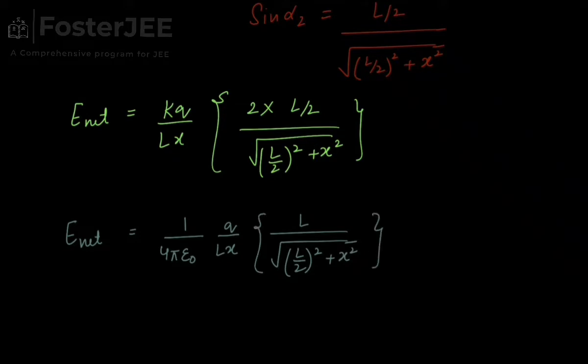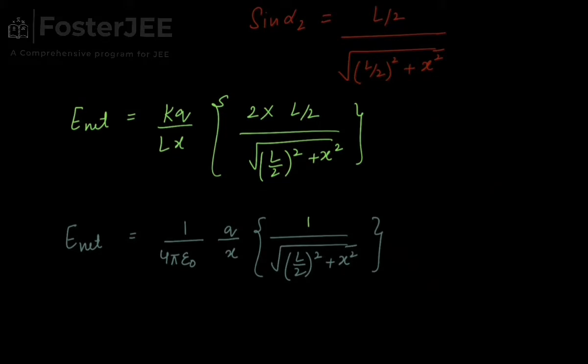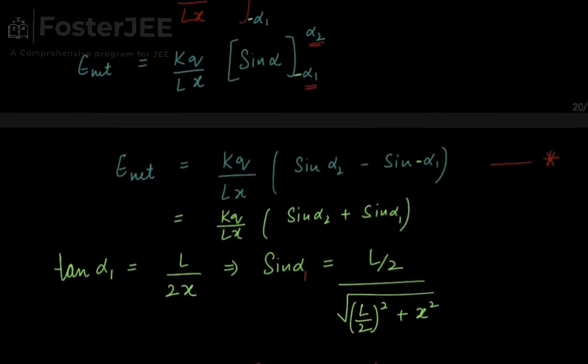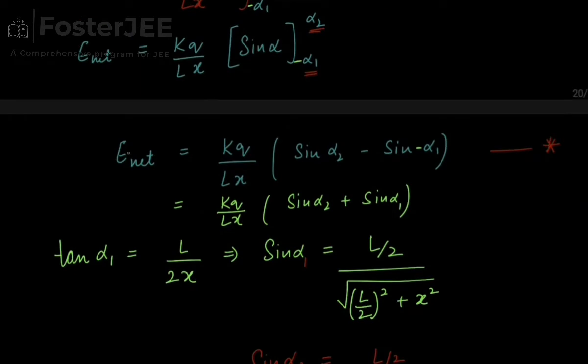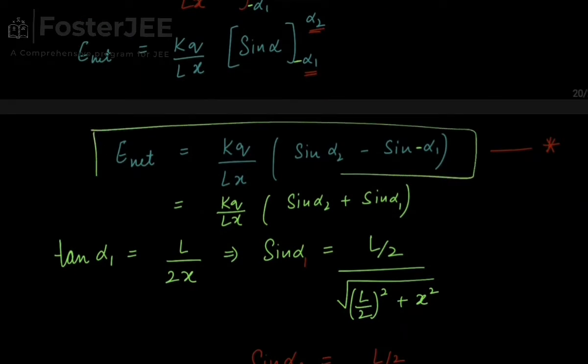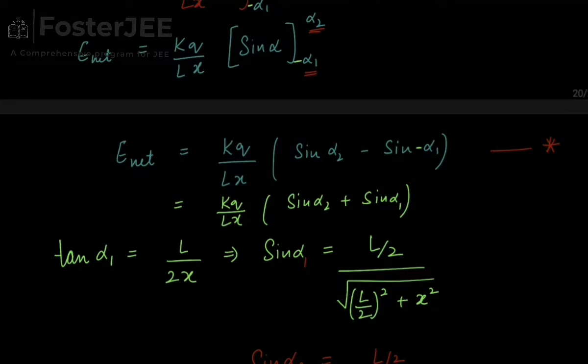So this is our resultant electric field. We can also cancel these terms and this becomes even more simplified. Now this result is also important, but this result is easy to remember also.